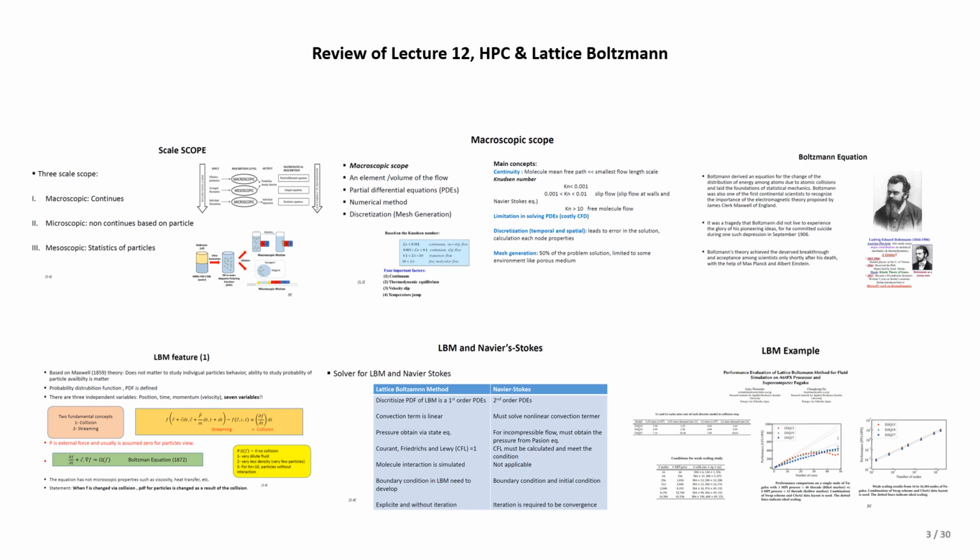Between these two scales, there is a scale called mesoscopic, which is based on the statistics of particles. From these statistics, we can derive the average and the probability distribution function to calculate the macroscopic properties.